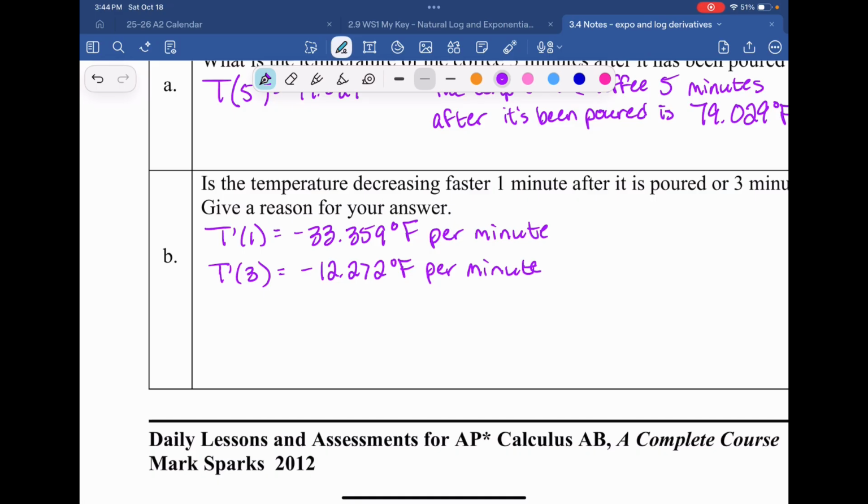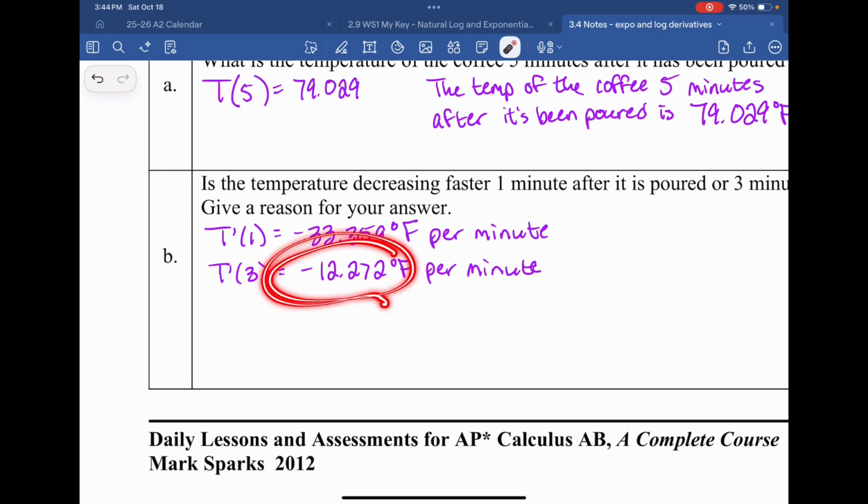right, we're talking about negative numbers. So the faster rate is the steeper negative. For that you want to look at absolute value here. If I take the absolute value of negative 33.359, that's just 33.359, and this one would be 12.272.